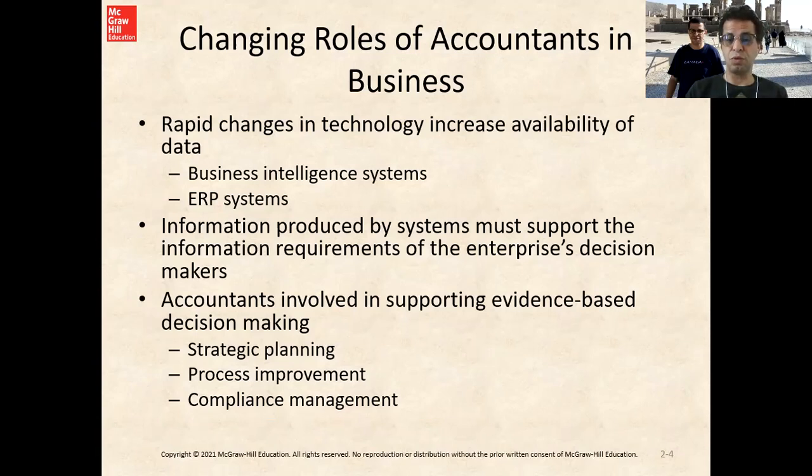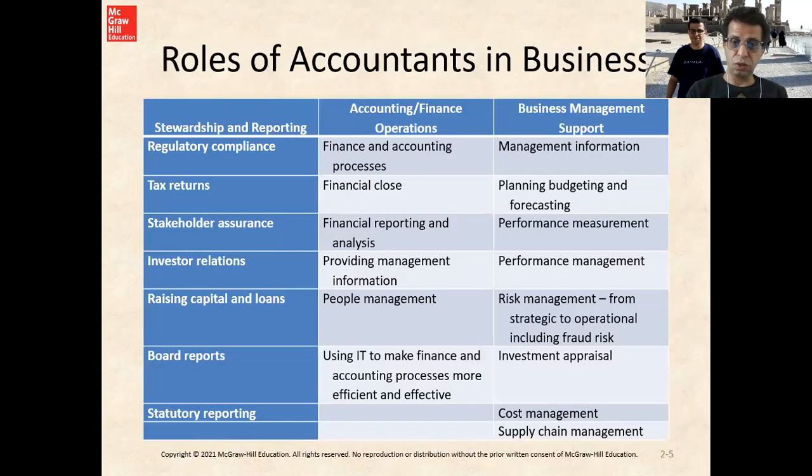Information produced by systems must also support the information requirements of enterprise decision makers. Accountants are now involved in supporting evidence-based decision making, like strategic planning, process improvement, and compliance metrics, like cost accounting or managerial accounting.